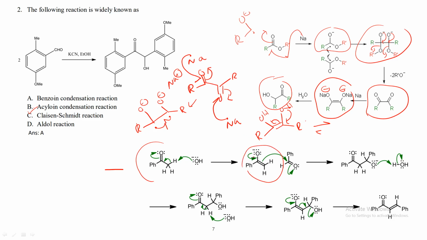And this enolate can attack the second equivalent, the aldehyde molecule, right? Because if we compare aldehyde and ketone, aldehyde is more reactive and susceptible to nucleophilic attack. So this enolate can attack this aldehyde molecule and make this C-C bond.